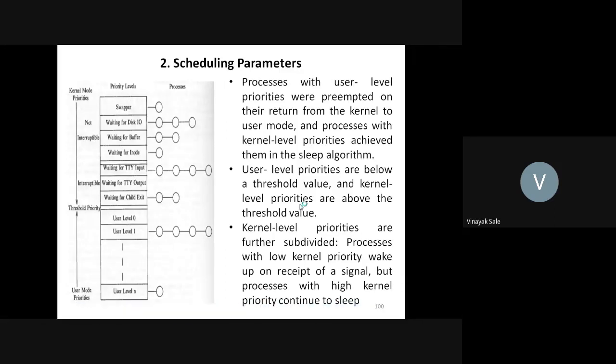The kernel level priorities are above the threshold value. Kernel level priorities are further subdivided. Processes with low kernel priority wake up on receiving a signal, but processes with high kernel priority continue to sleep.